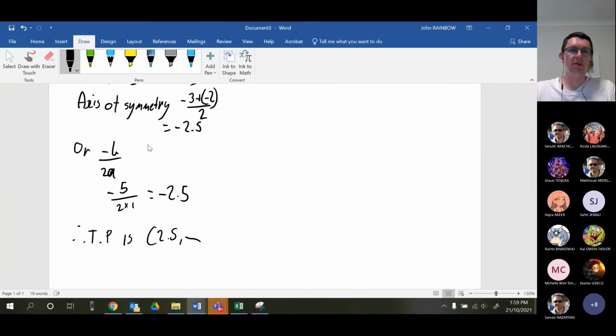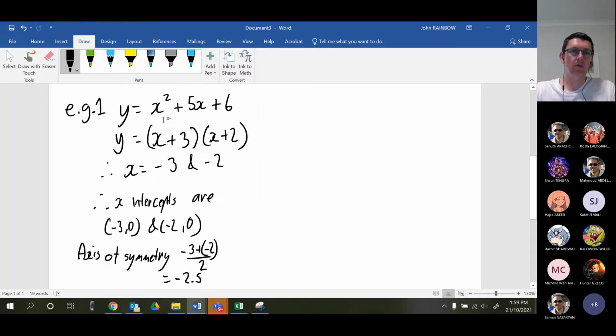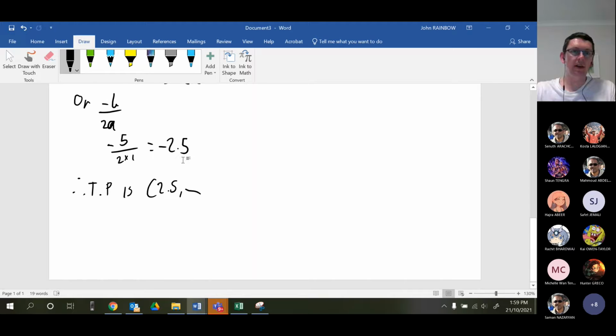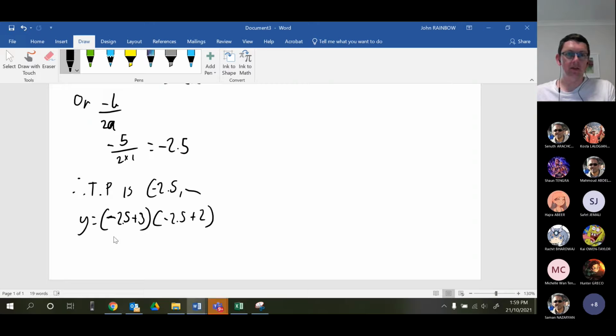So I substitute -2.5 into the equation. I can substitute into there or there. It doesn't matter. I'll probably substitute into there because it's a bit easier. That's going to give me 0.5, which is a half.